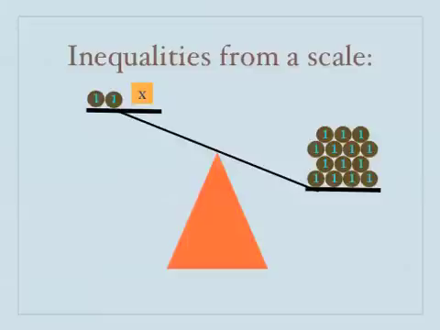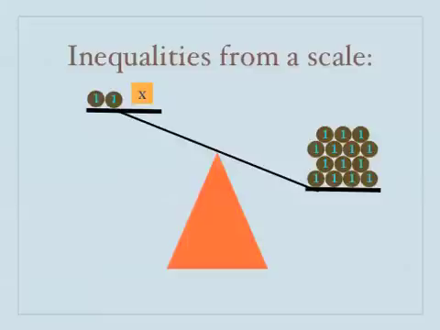Because the right side is down and the left side has risen, we know, if you think about a scale, the heavier one side is, the more it goes down. So on a scale, the side that is down has to be greater than the side that is up, or it's going to weigh more, there's going to be more on it.